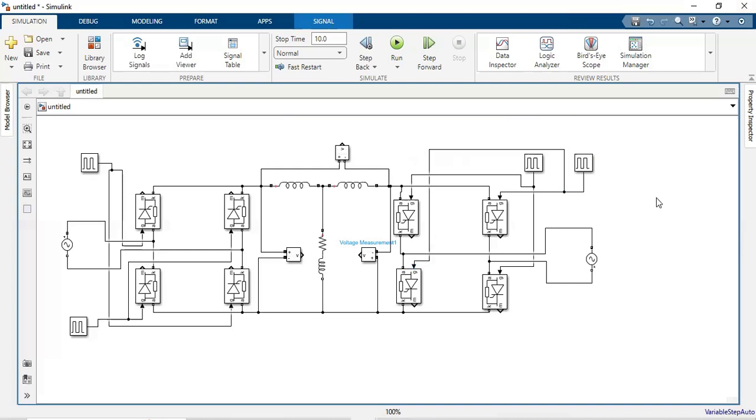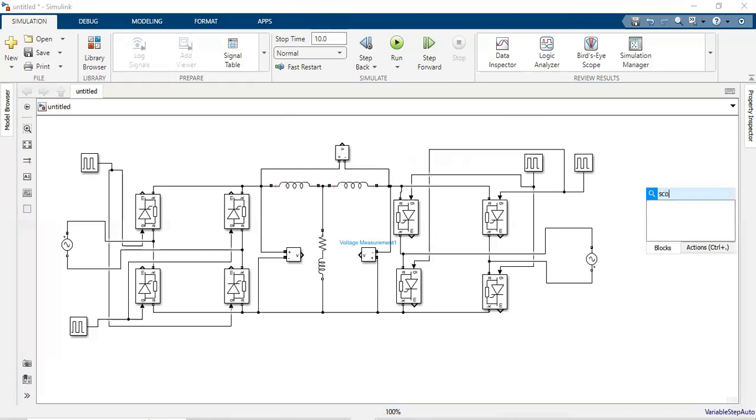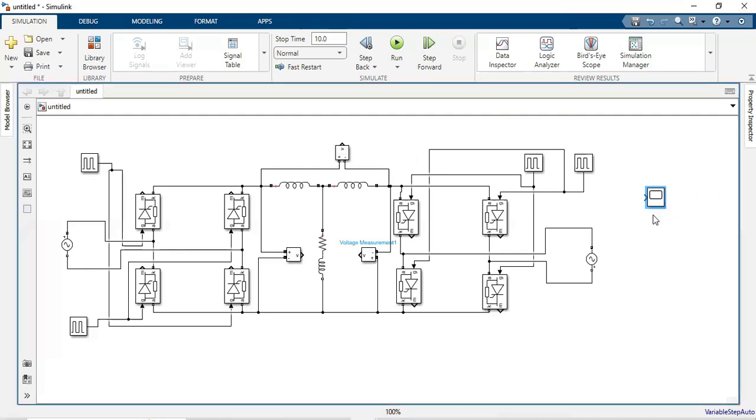Then in order to see the waveform, we need to have a scope. So let us have the first input to the scope as the output voltage of the first converter. The second input, let us have it as the output voltage of the second converter.